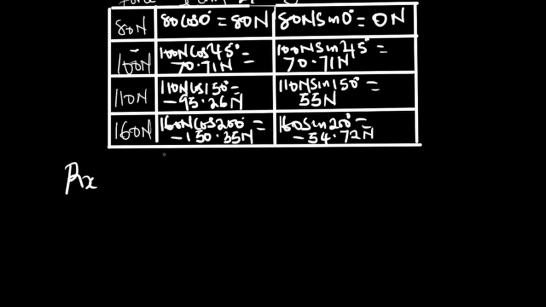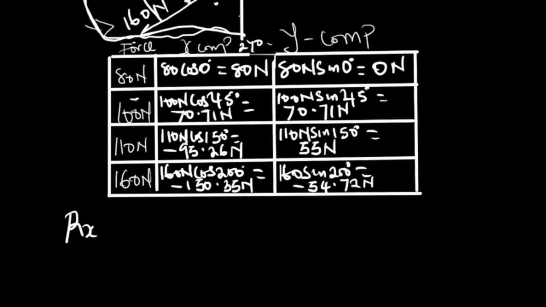It's going to be gotten by adding all the x components together. So the whole x component of all forces gives you the x component of your resultant vector. And all y components give you the y component of your resultant vector. Your resultant vector also has components in the y and in the x direction.